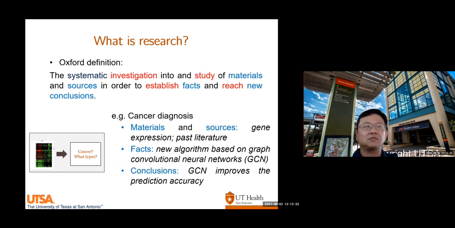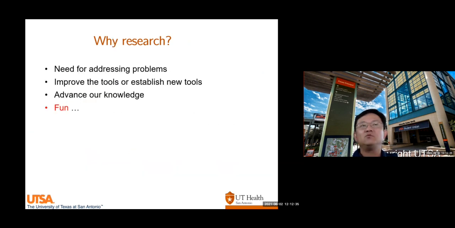So the next question will be, why do we do research? Okay, we do research because there's a need. First of all, there's a need to address problems that concern society, the economy of the world, environment, and human health.